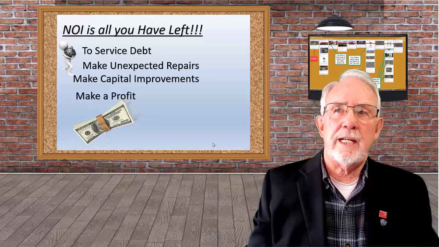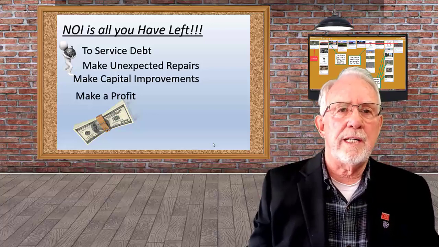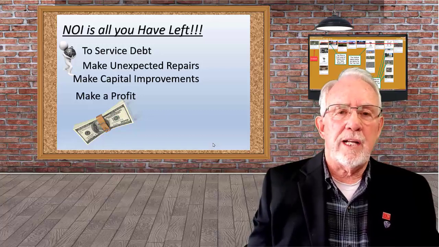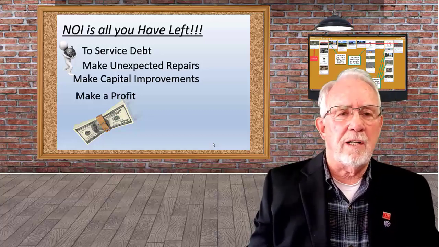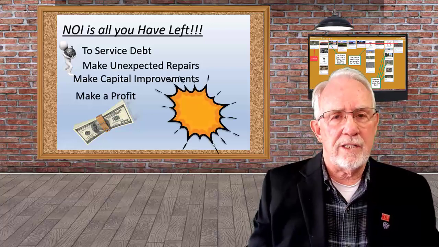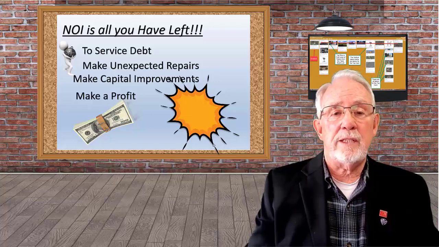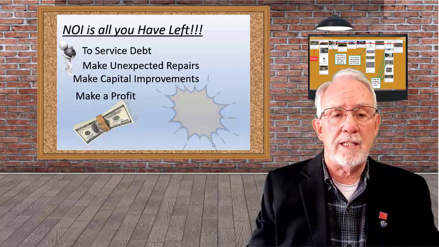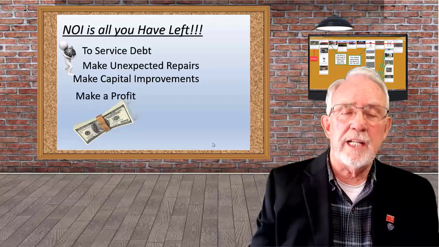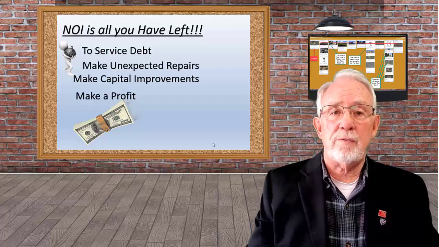Because let's look at it this way. If you have a 4-unit apartment complex and all the water heaters go out a week after you buy the property, then you've got to spend $15,000 on water heaters. Your NOI has just left town. You are now having to come out of pocket to be able to make those major unexpected repairs, and that happens quite often.